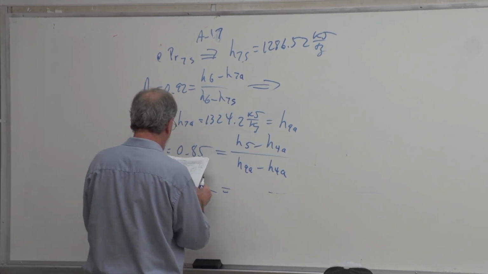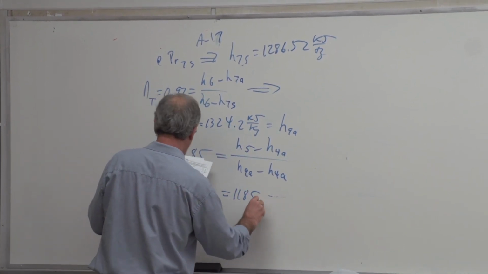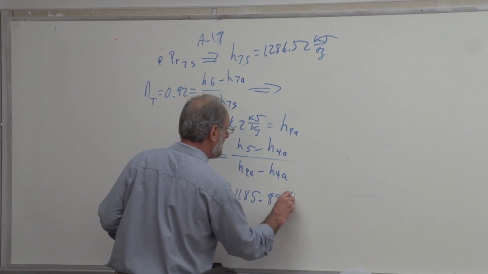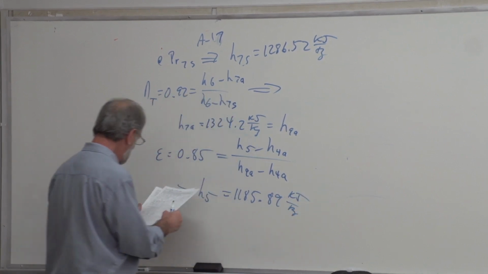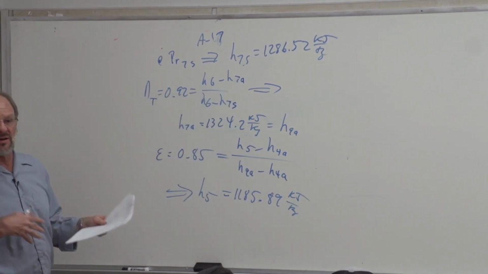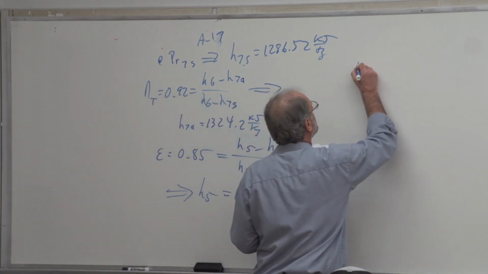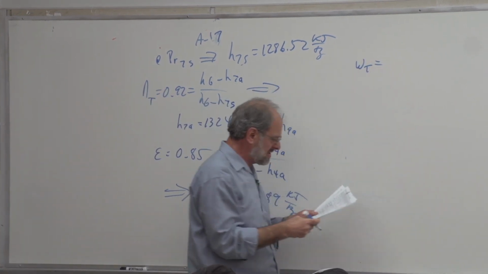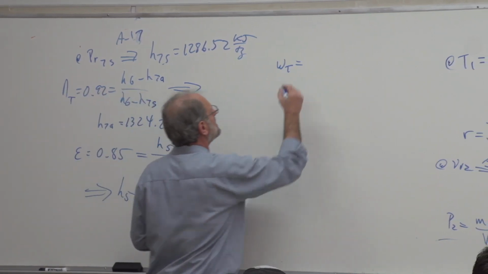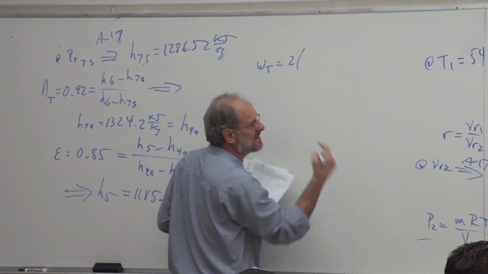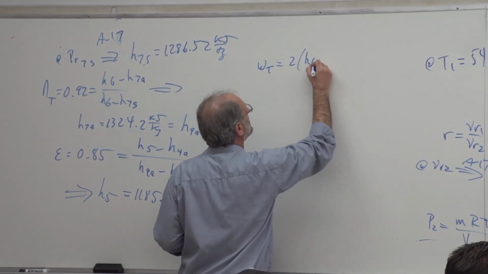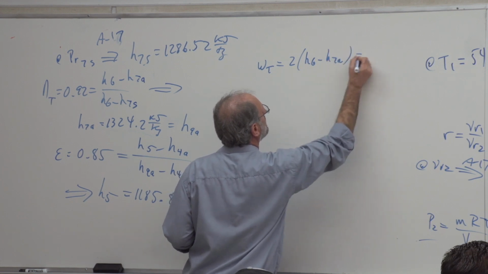Anyway, everything is known. We find the enthalpy at 5 as 1185.89 kilojoules per kilogram. And now it's just a matter of finding all these various terms. So first we would note that the turbine work, at least on a per unit mass basis, is just twice the enthalpy change from 6 to 7A.